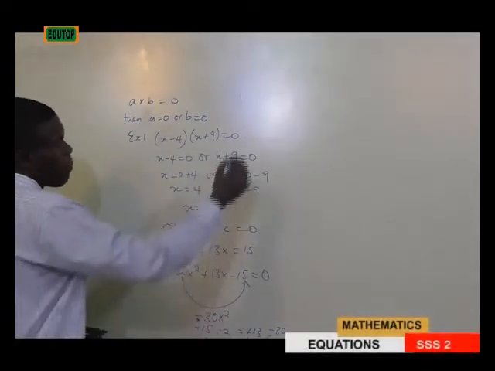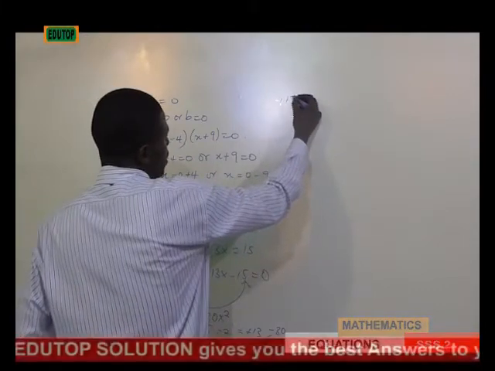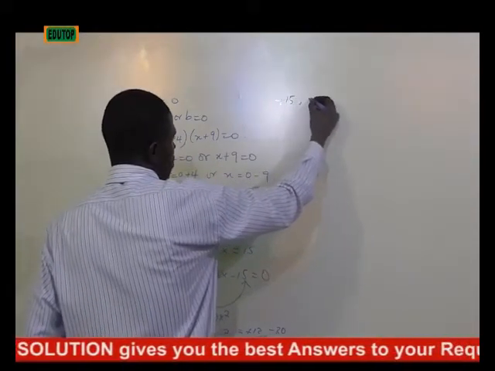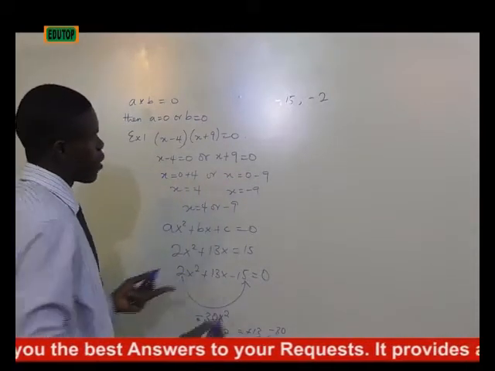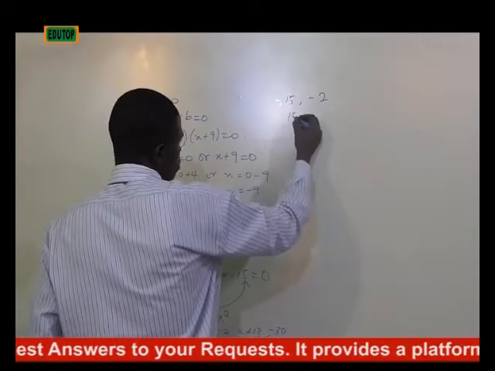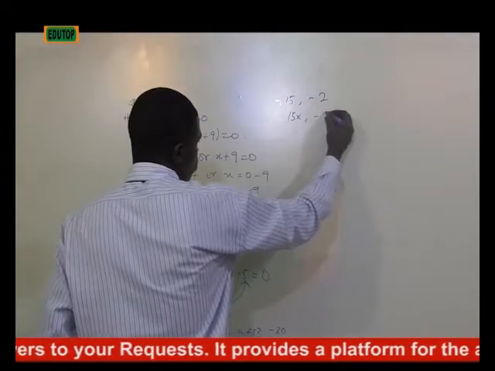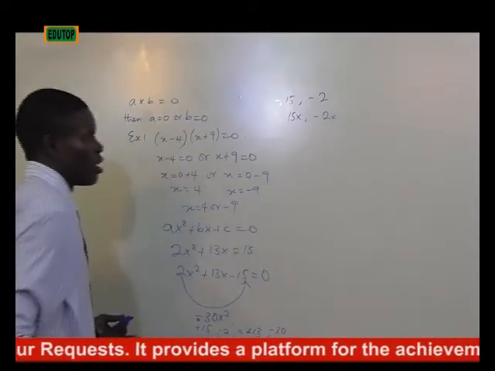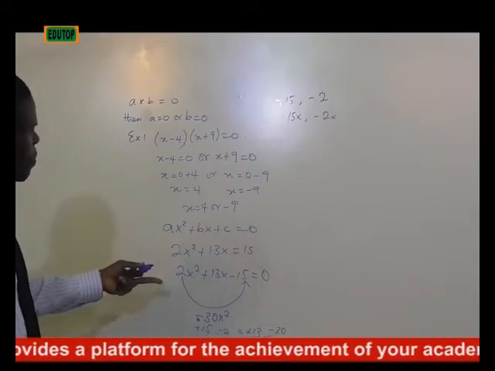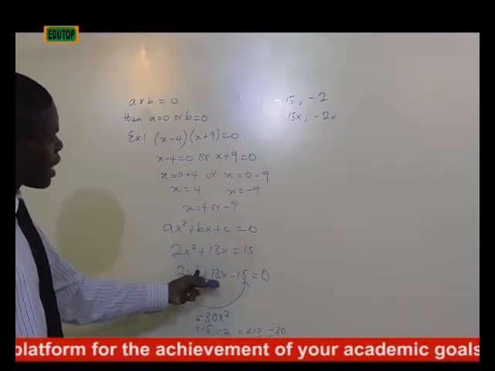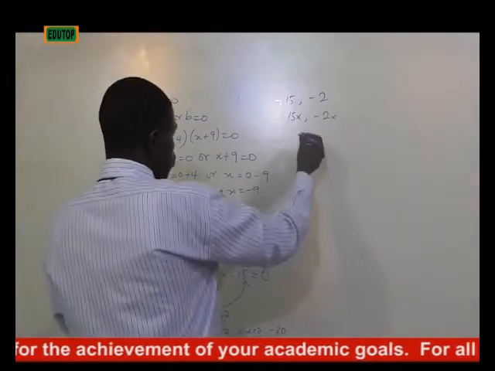And since we are to employ plus 15 and minus 2, and we are dealing with the variable x, automatically we just put x beside the two terms. So it becomes this. So what we do next is, anywhere we see our 13x, we replace it with this.